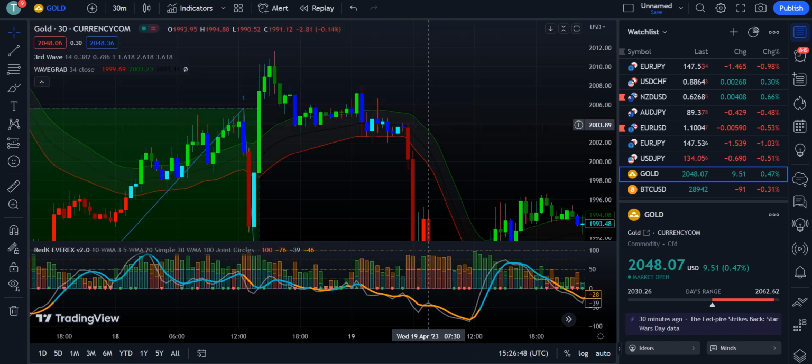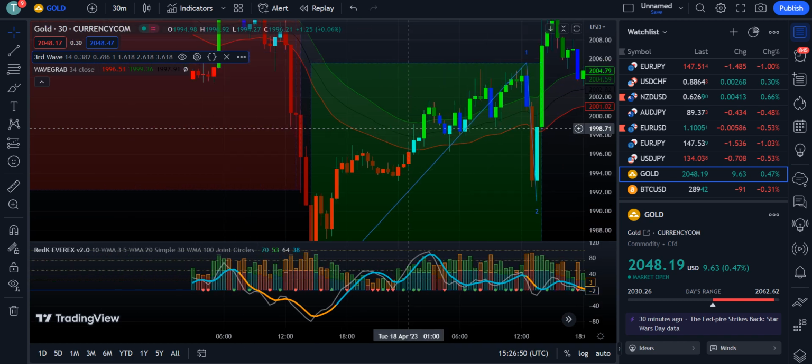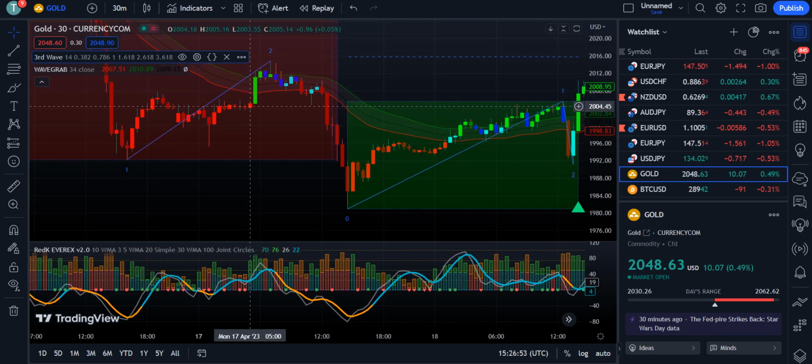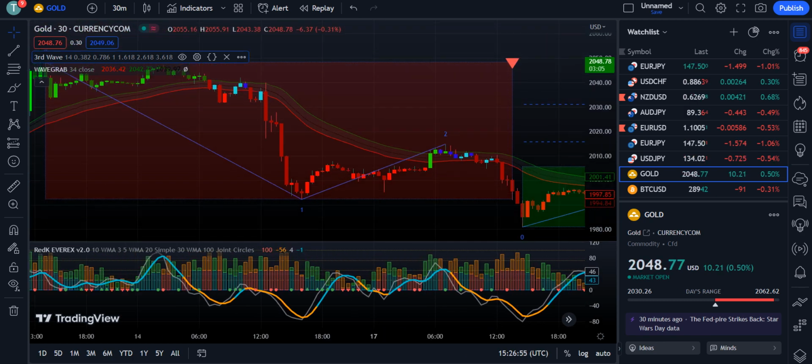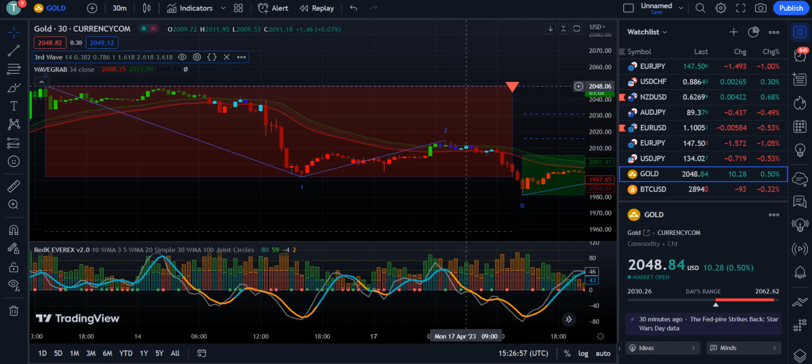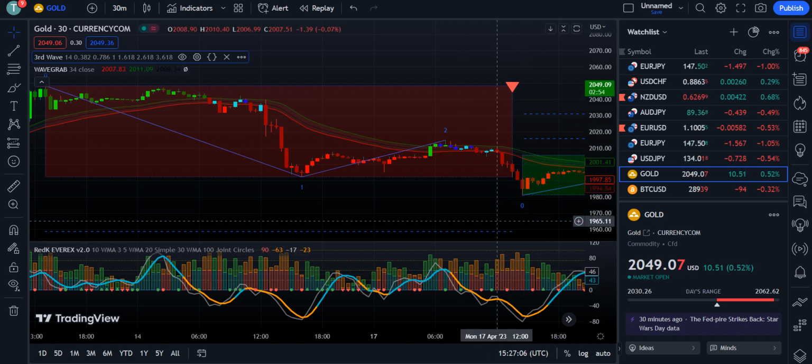Afterwards, you have to look for the second trade that will give you the maximum profit related to your own entry. As you can see here, again the Third Wave indicator has given you the signal for the sell, and here you have to see that your market has moved down to these EMAs.